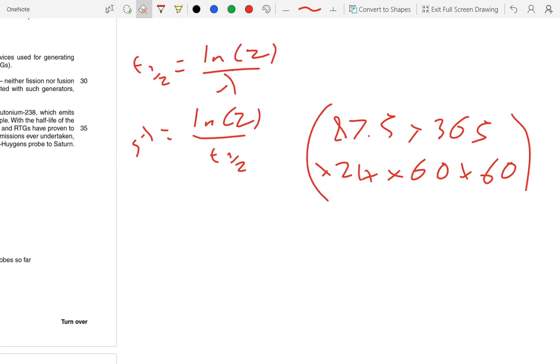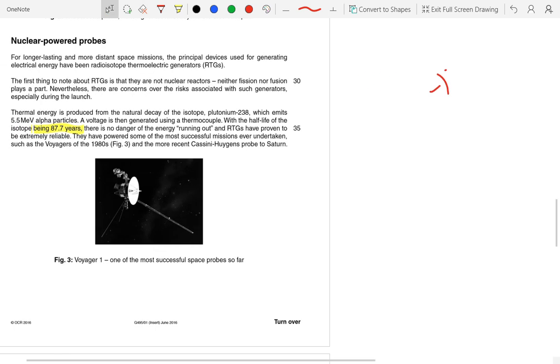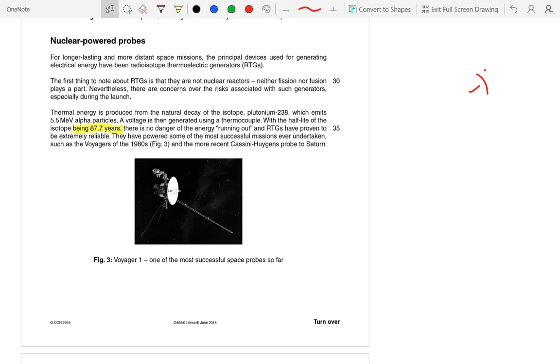So once you've found the decay constant, lambda, then we can use this decay constant in the most important nuclear equation that you know, N equals N0 e to the minus lambda t.